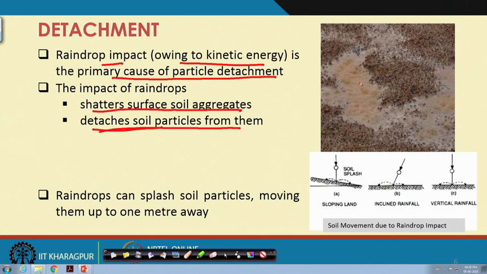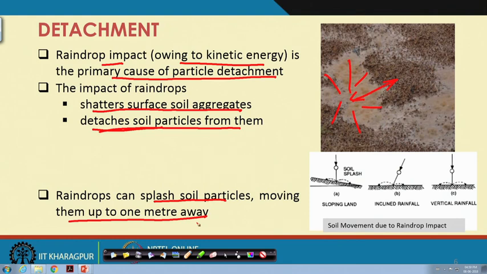And as you can see, the surface changes here. Here there is much more soil, but here, as you can see, most of the soil aggregates have been shattered and probably splashed all around. And raindrops can splash soil particles, moving them up to 1 meter away.